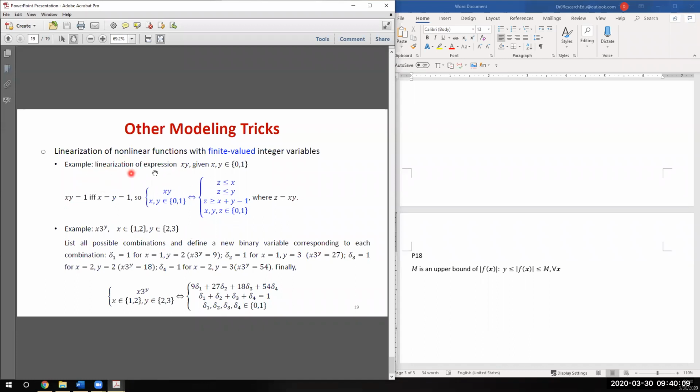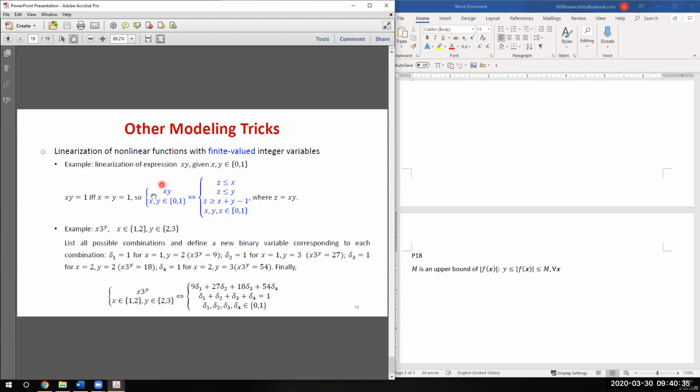First of all is a linearization of the expression xy, where both x and y are binary decision variables. First of all, this is nonlinear, right? But since they are binary, I can easily linearize it. Why? Because xy equals 1 if and only if both of them are 1. As long as one of them is 0, xy must be 0, right?